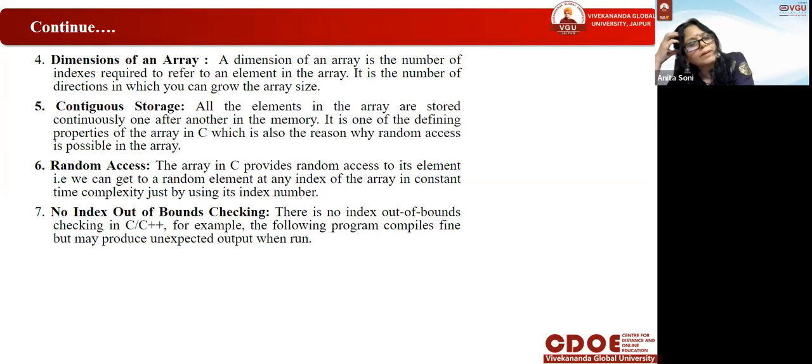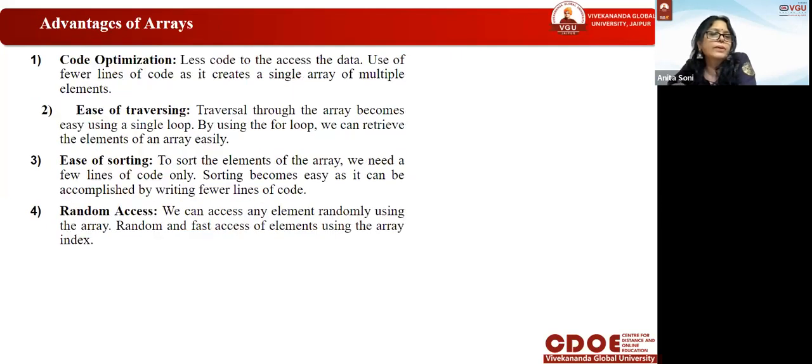If I say %d, comma, array[5], maximum it can hold is array[4]. If I access array[5], what will happen? It won't produce a compilation error, but an exception may be raised. It will produce some unexpected result when the program is executed.